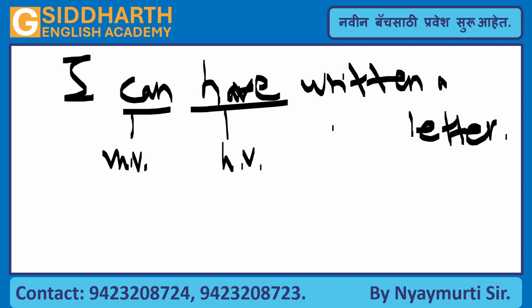WH words will be like: what can I have written, what time can I have written a letter, how can I have written a letter, how long can I have written a letter, how often can I have written a letter, when can I have written a letter, where can I have written a letter, why can I have written a letter, with whom can I have written a letter, who can have written a letter.